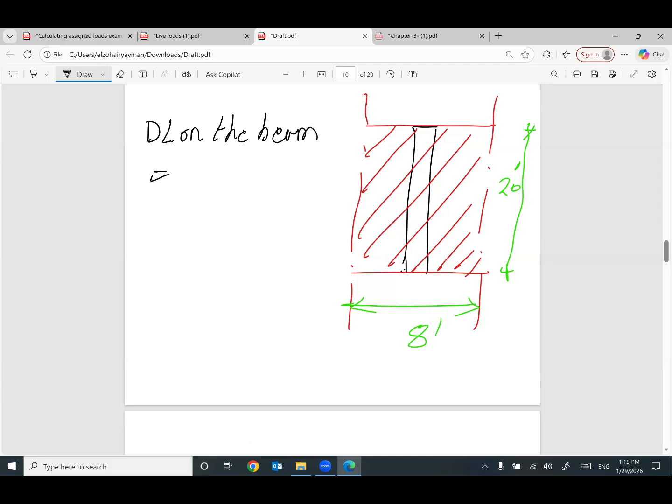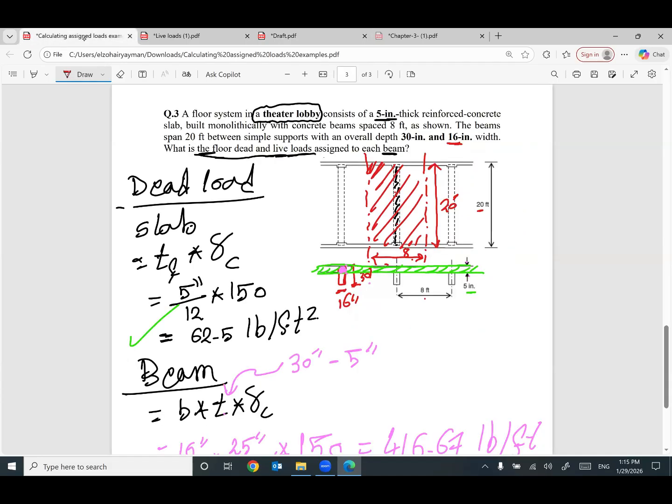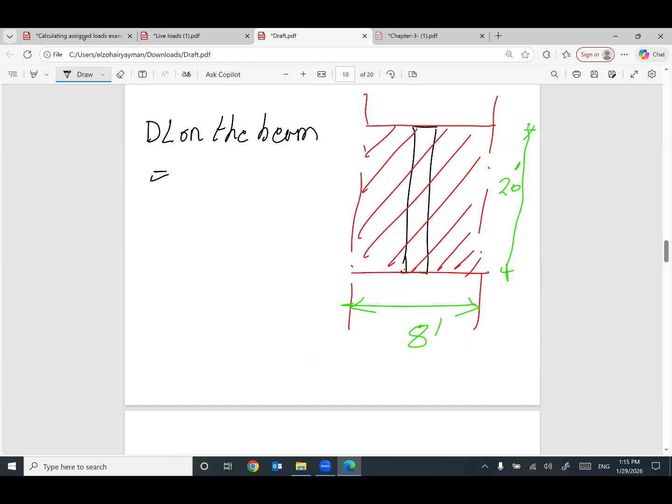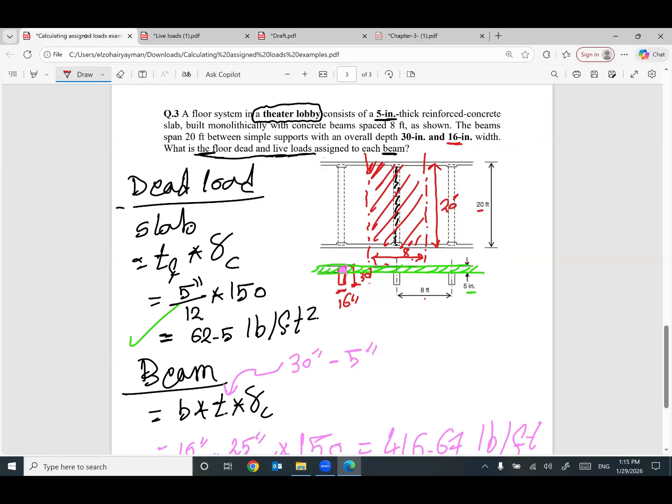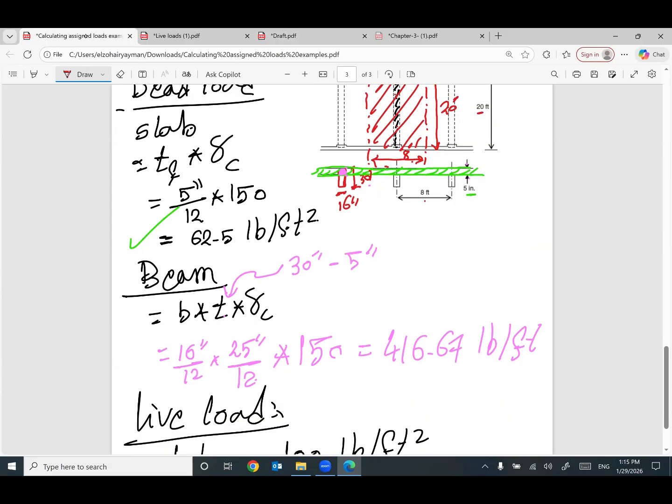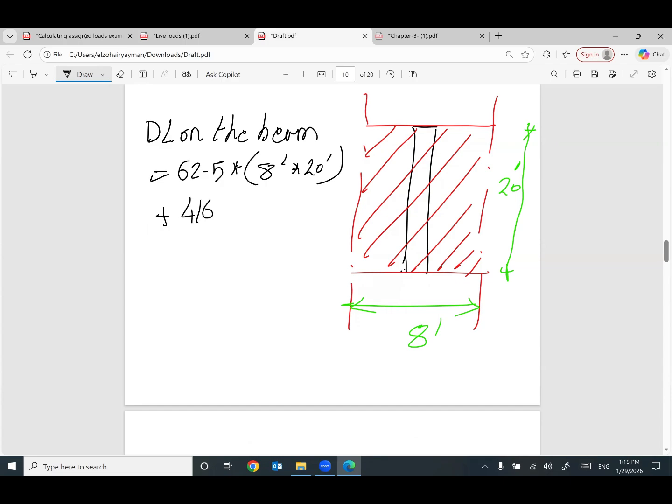Yes. So what is the total dead load on the beam? It will equal the value of dead load from the slab, which is 62.5, times the area assigned, 8 feet by 20 feet, plus the dead load from the beam, which is 416.67, times the total length of this beam, which is 20 feet.